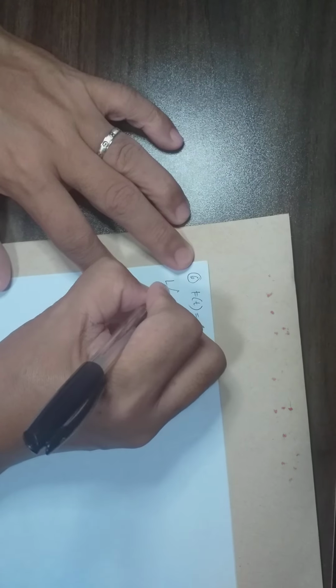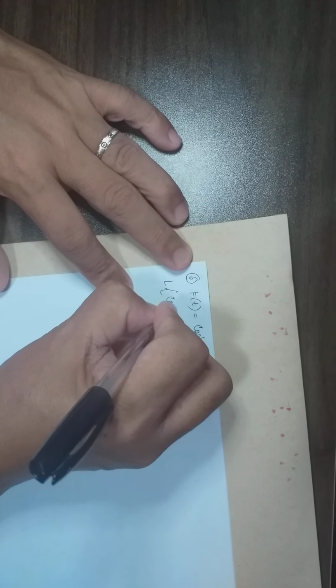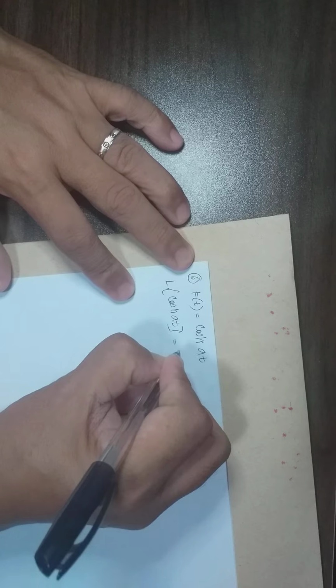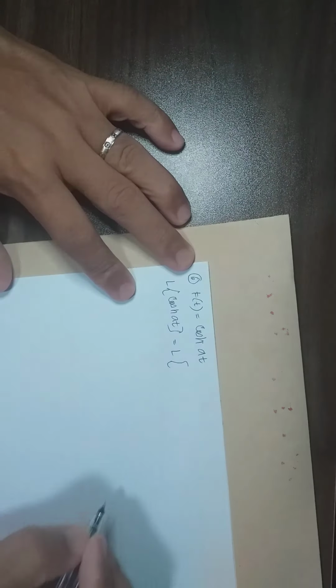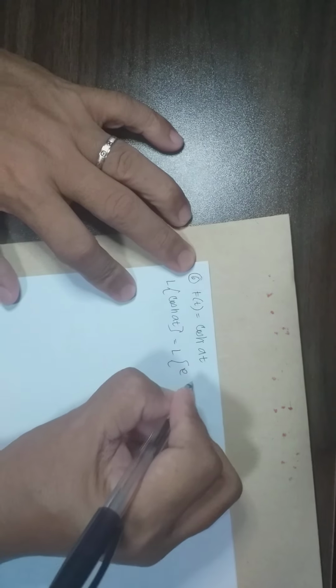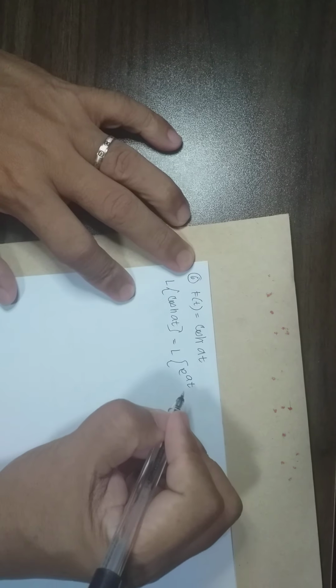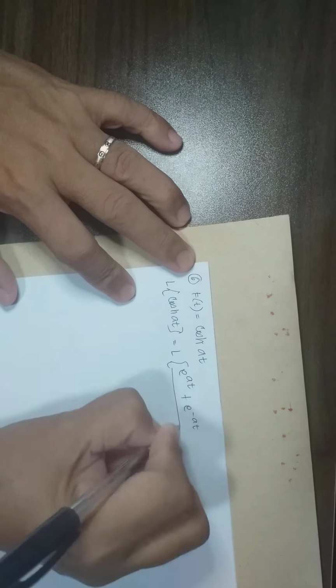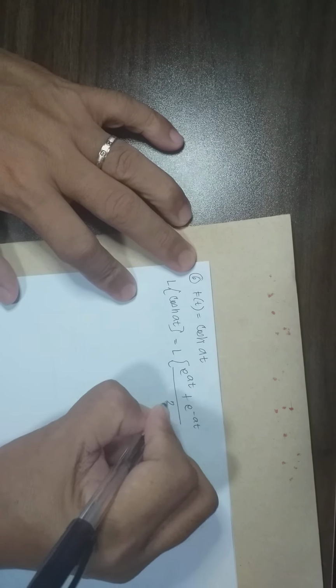So the Laplace transform of the hyperbolic cosine of at is the same as the Laplace transform of e to the at plus e to the negative at over 2.